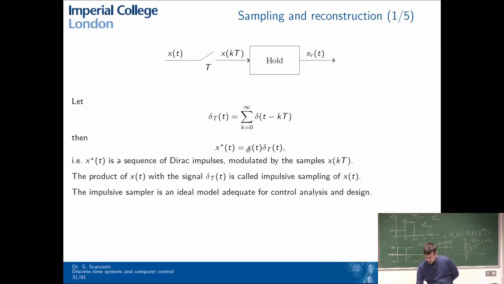So we can write x star of t as the product of x of t and a train of impulses.